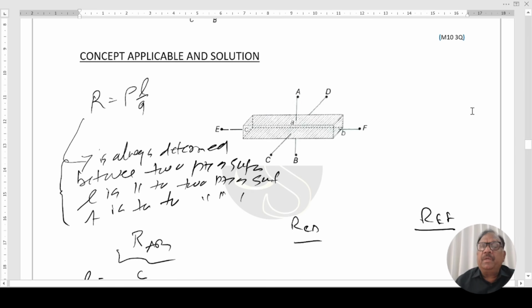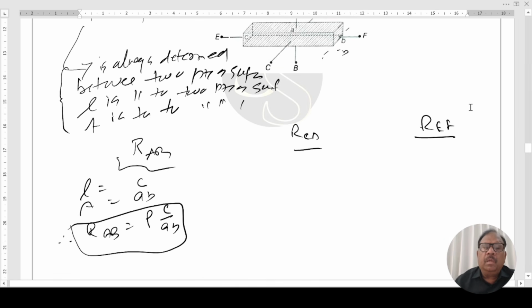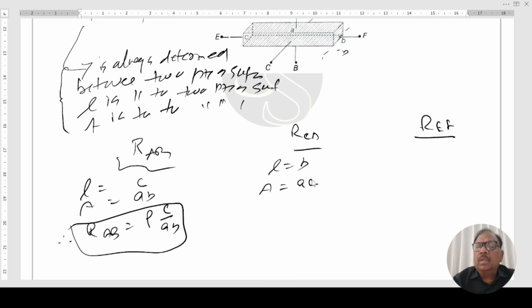Second, RCD. This is parallel to this one. This is B. The length will be B. Area will be equal to A into C. So RCD will be equal to rho B upon AC.